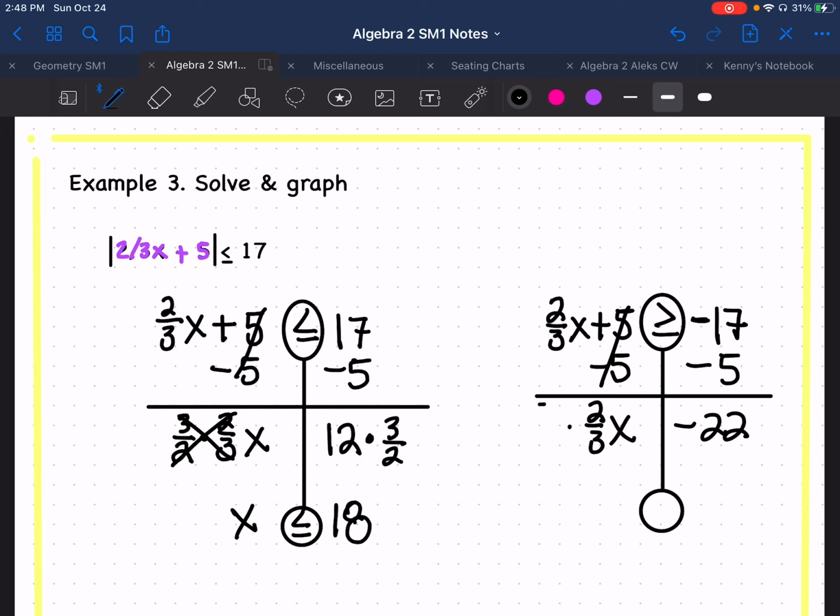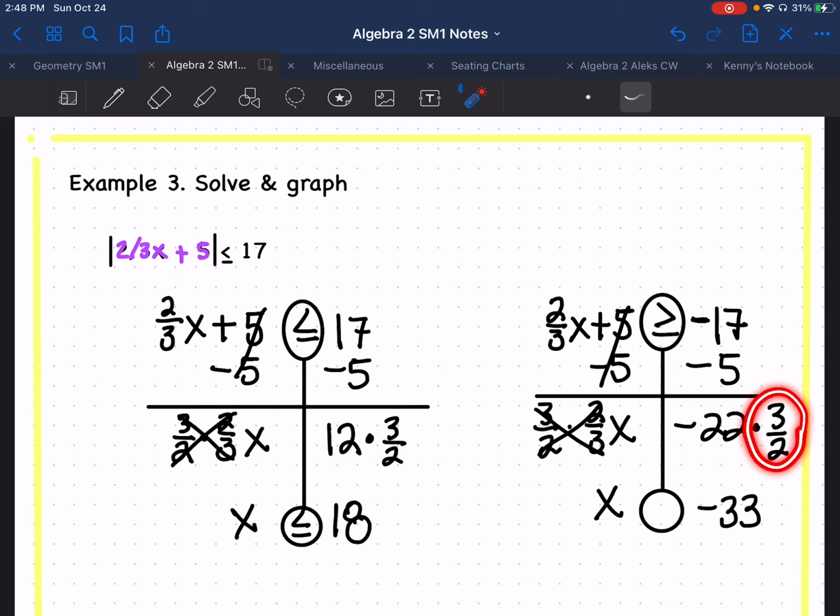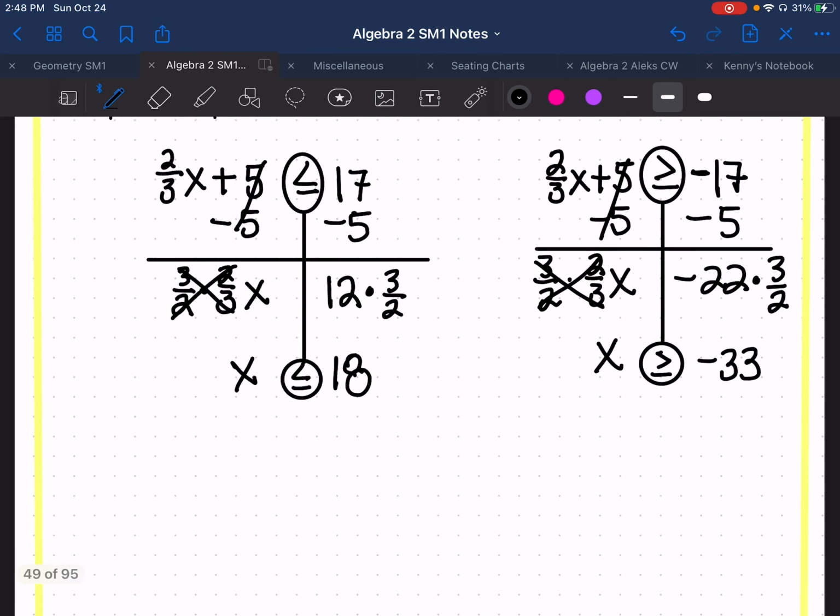And I'm going to multiply by the flip, the reciprocal, the flipped fraction. I go to my calculator and I got negative 33. Don't worry about what the sign of your answer is. Ask yourself if the number you multiplied by is negative. This number is not negative, so your sign is not going to flip, okay?